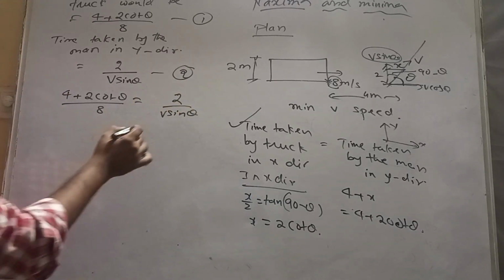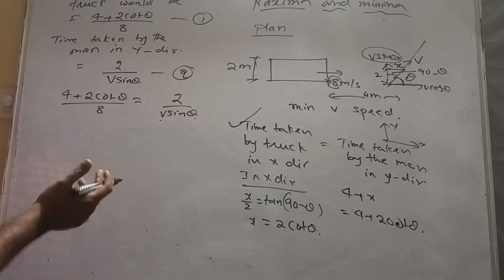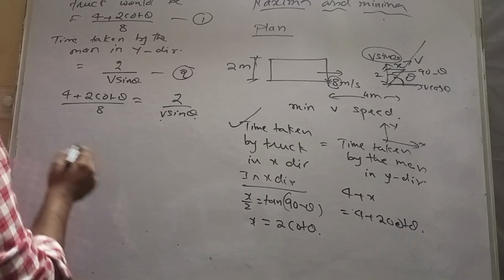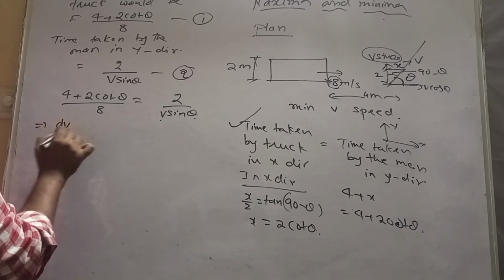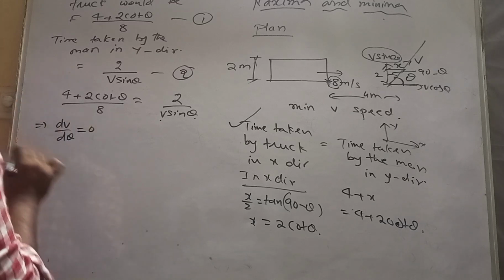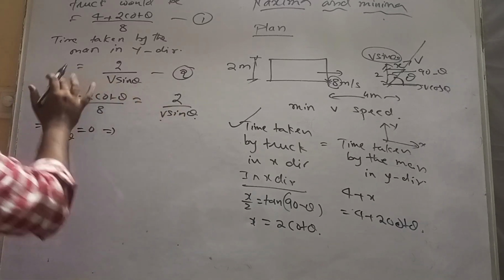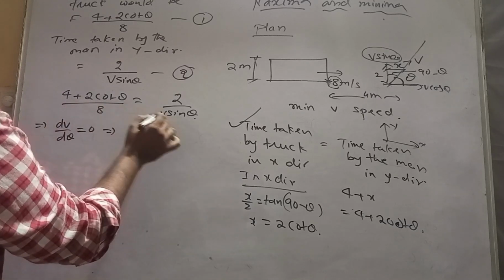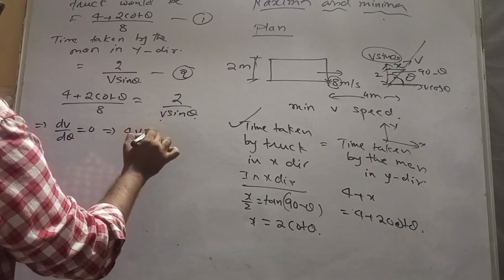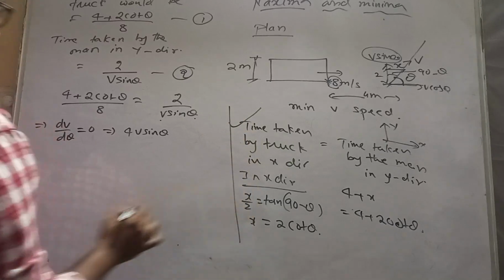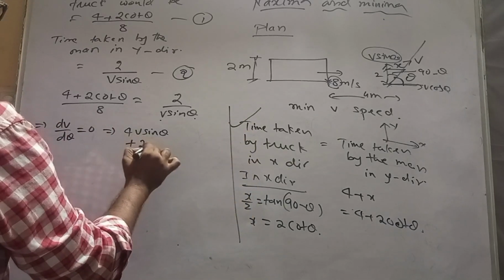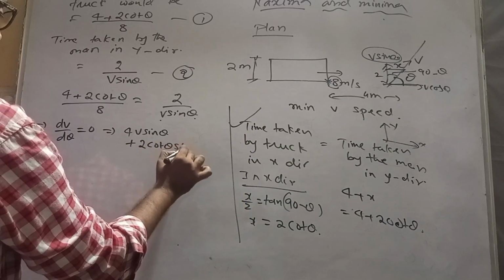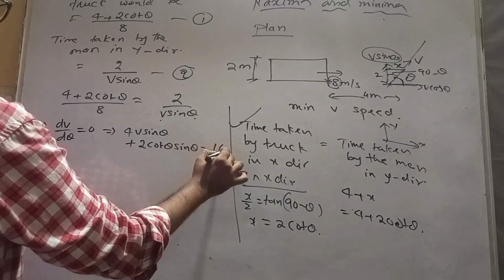Here we have two unknowns, one is v, one is theta, and we are trying to find out the minimum value. So we have to do dv by d theta is equal to 0. For that, first I will cross multiply and then we'll apply the differential. So 4v sin theta plus 2 cot theta sin theta is equal to 16.